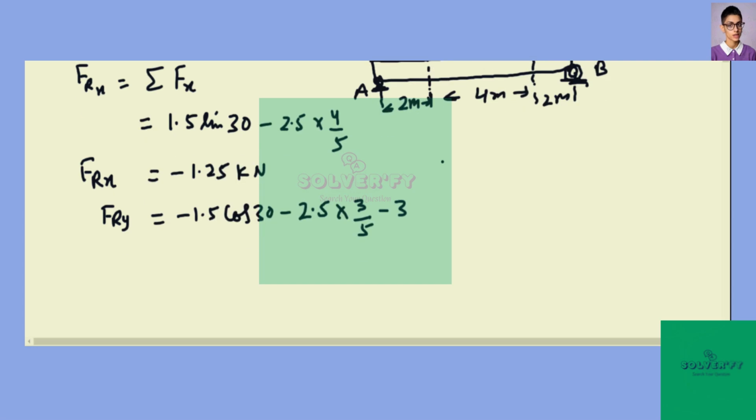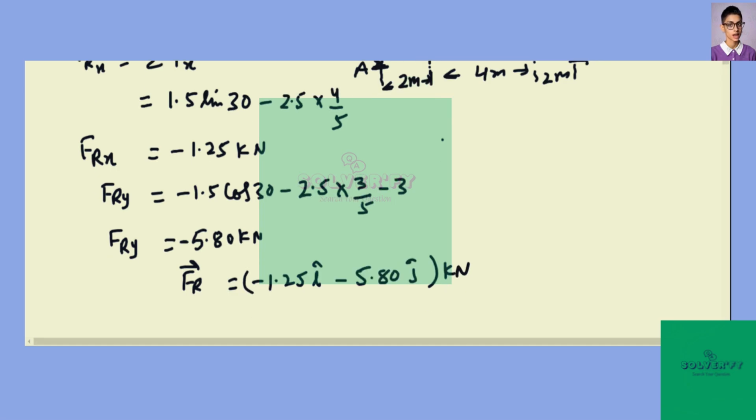So the resultant force along the y-axis will be minus 5.80 kilonewton. So the resultant force can be written as minus 1.25 i cap minus 5.80 j cap kilonewton.